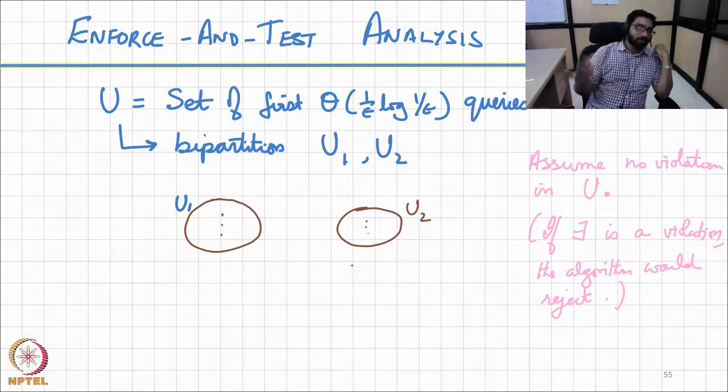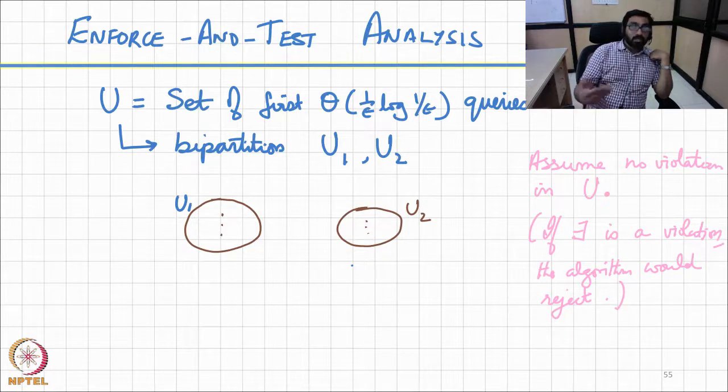If we cannot find such a partition, then we're already done. The graph is no longer a bipartite graph. So we found a violation. But let's assume that we could not find a violation. And so we have this U1 and U2.